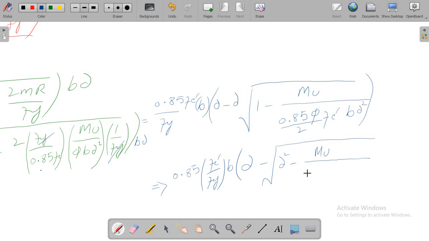So finally we have, and we will multiply 0.85 with phi value, that is 0.9, and divide this by 2. What we got? 0.3825 fc prime into b, right? Finally we will get, because this d will be here it will be d square.